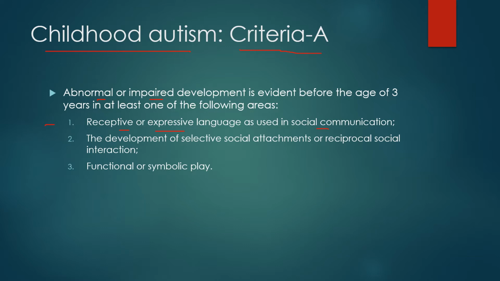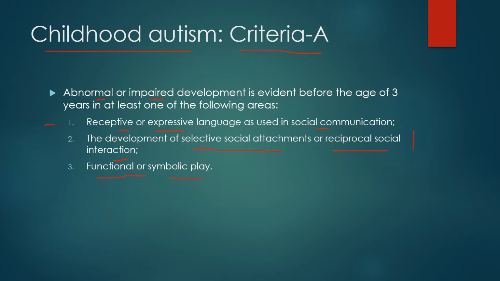There is impairment in the development of selective social attachments or reciprocal social interaction. So there is an impairment in this area. There is impairment in the functional or symbolic play. These all symptoms happen before the age of 3, and we will go through these in more detail.